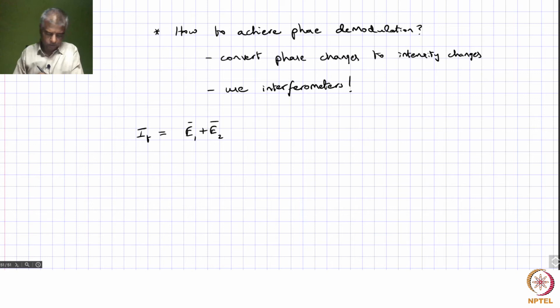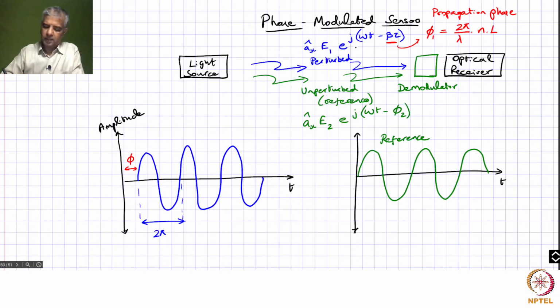What do I mean by a phasor? I can represent this wave, dropping the polarization and also the frequency dependence, as e power j phi 1, and similarly I can refer to the other as e power j phi 2. Of course, we said it's a negative value, but let's not pay attention to the actual sign. Let's say there are two different waves represented by their phasors.